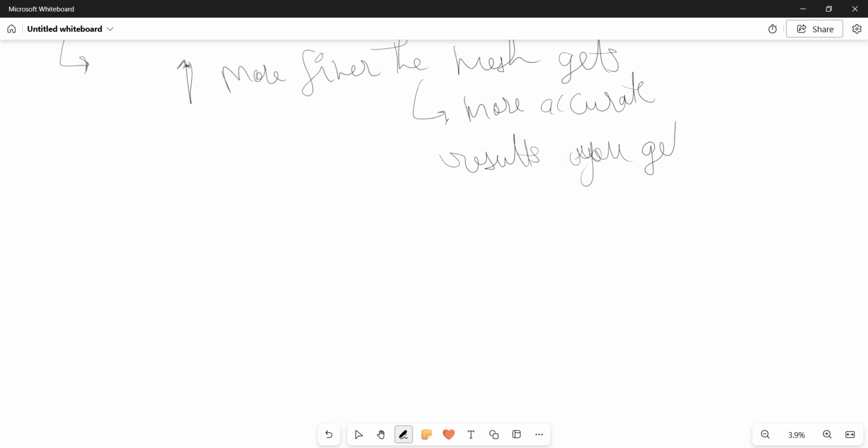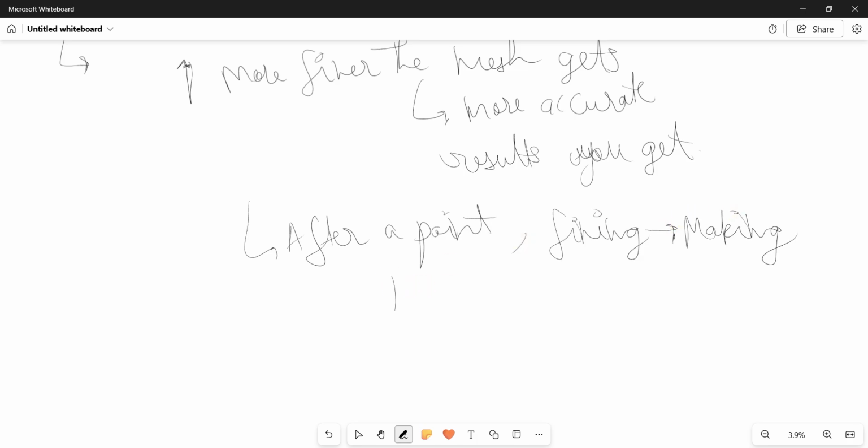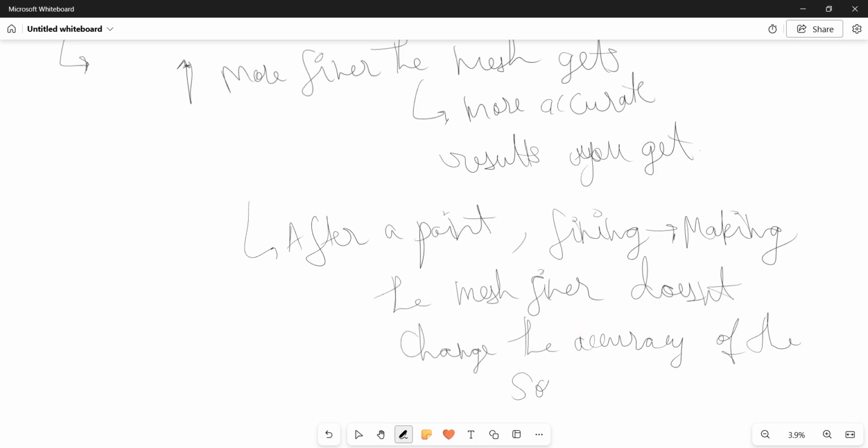But after a point, even if you go more fine, making the mesh finer doesn't change the accuracy of the solution by much margin, right?